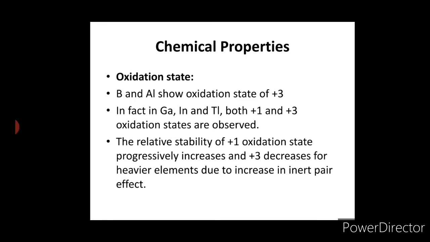Inert pair effect means when the s electrons of the valence shell do not participate in the bond formation, then this tendency increases down the group, due to which only p electrons participate in the bond formation, and that is why the higher oxidation state becomes less stable on going down the group, since this inert pair effect increases down the group.